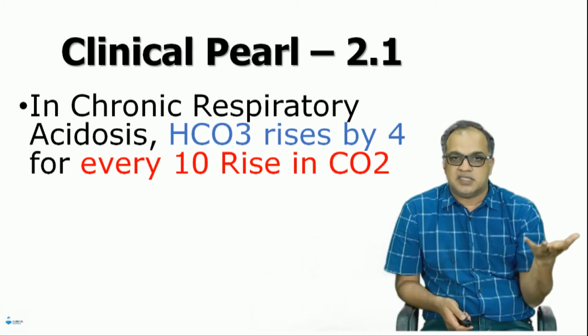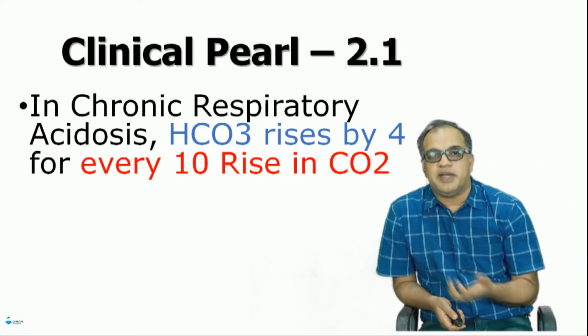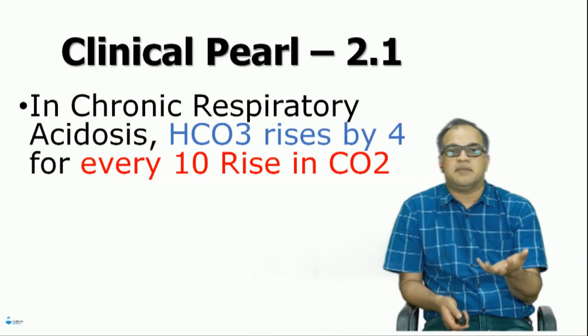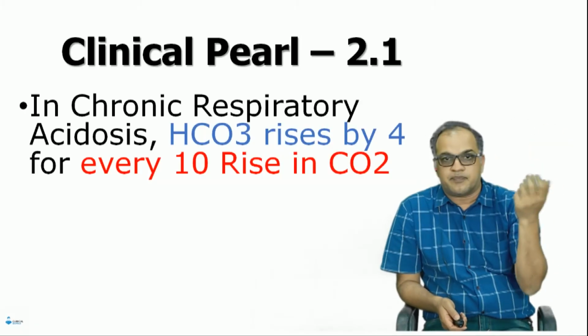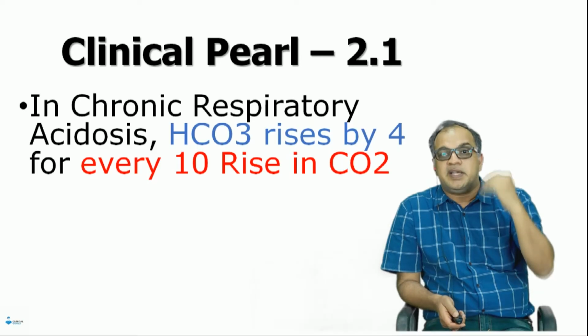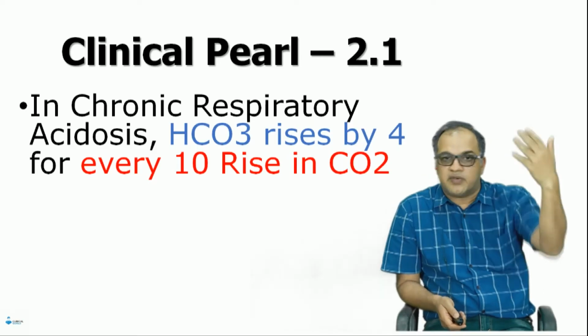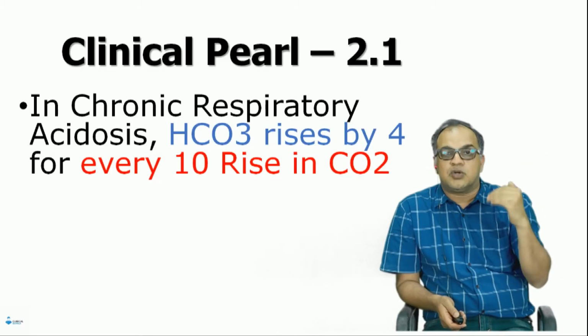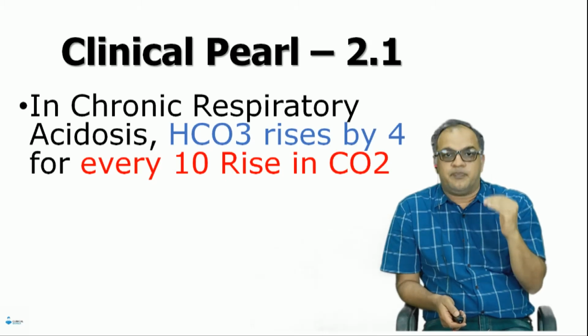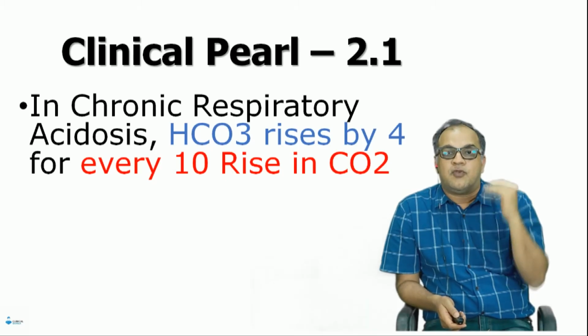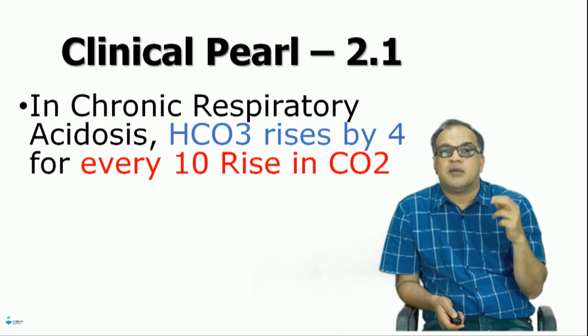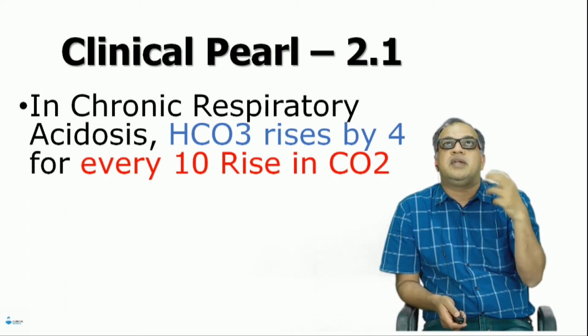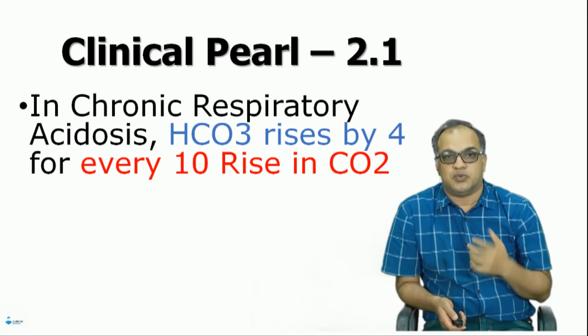So in a COPD patient with a PCO2 of 60, his PCO2 is 20 more than it should be, 40 se 20 jada. So if PCO2 is 20 more, bicarbonate will rise by 4 plus 4, that is 8. Bicarbonate will be 24 plus 8, that is 32.